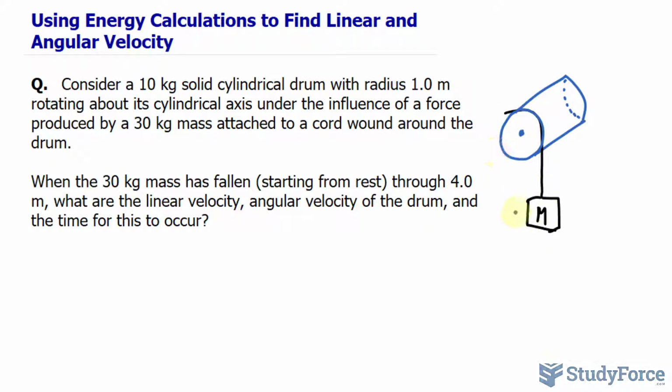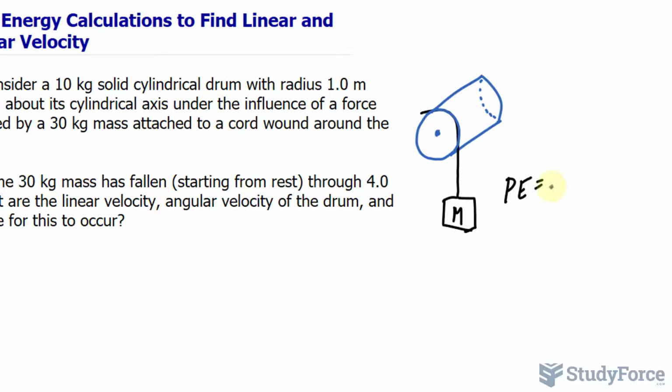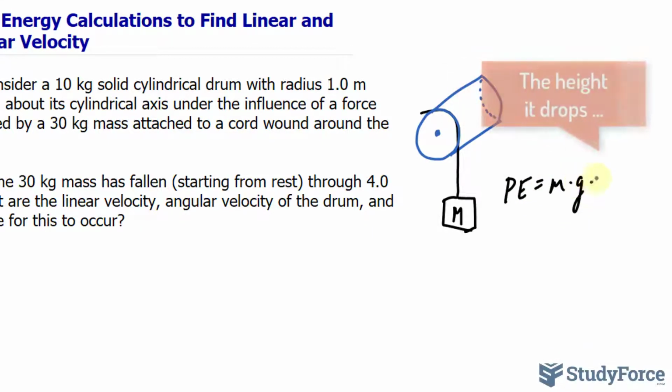Because this mass is hanging from a cord, it has potential energy, and potential energy is calculated by taking the mass of the object times the acceleration due to gravity, which I'll denote as g, times the height at which it's hanging from. The potential energy that this object holds will go into two things: the kinetic energy as it goes down, and the energy required to rotate this drum.